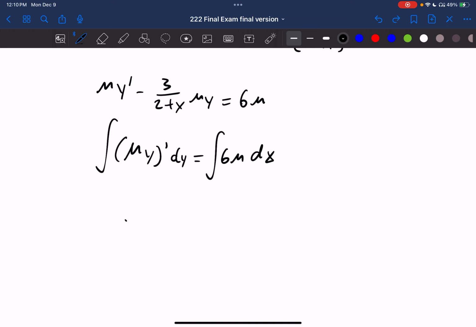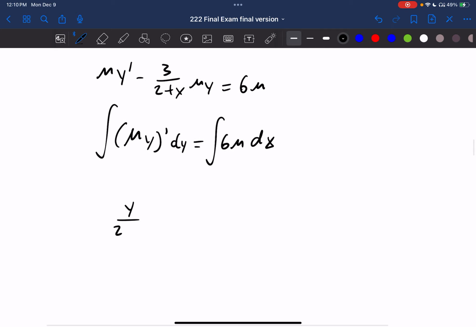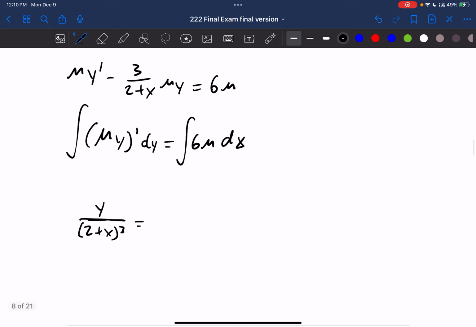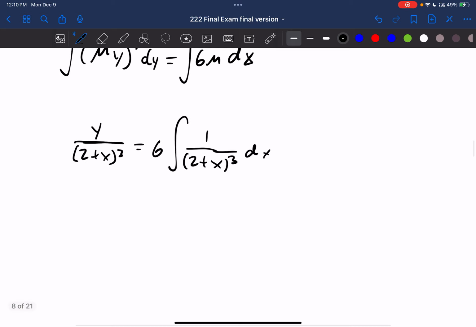So it's going to be mu times y, replacing mu with what it is, which is 1 over 2 plus x to the third power. This will be equal to, we see here we have a 6, so we can bring that in front because it's a constant, 1 over 2 plus x to the third power dx. Here we do a basic u sub.